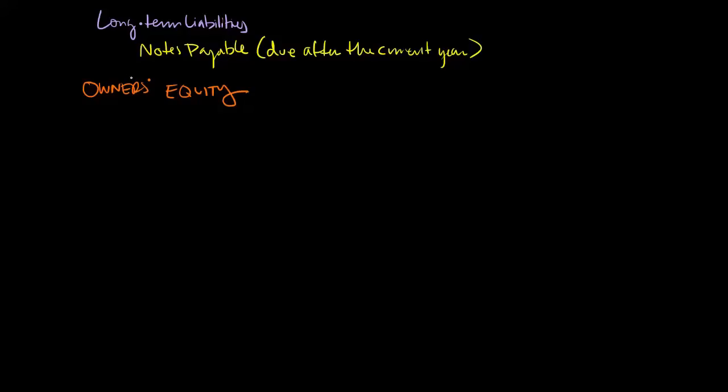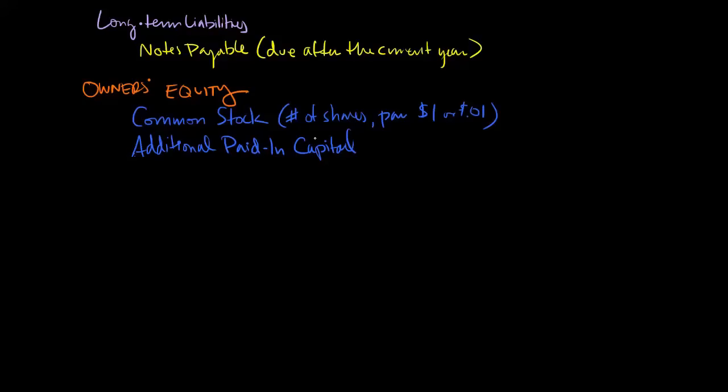So stockholders' equity or owner's equity, the major accounts that we have include common stock, which usually has the number of shares outstanding, and a par value, which is usually $1 or 1 cent. We have additional paid-in capital, which is how much investors have paid beyond that par value, because we expect that shares will sell for more than $1 or a penny.